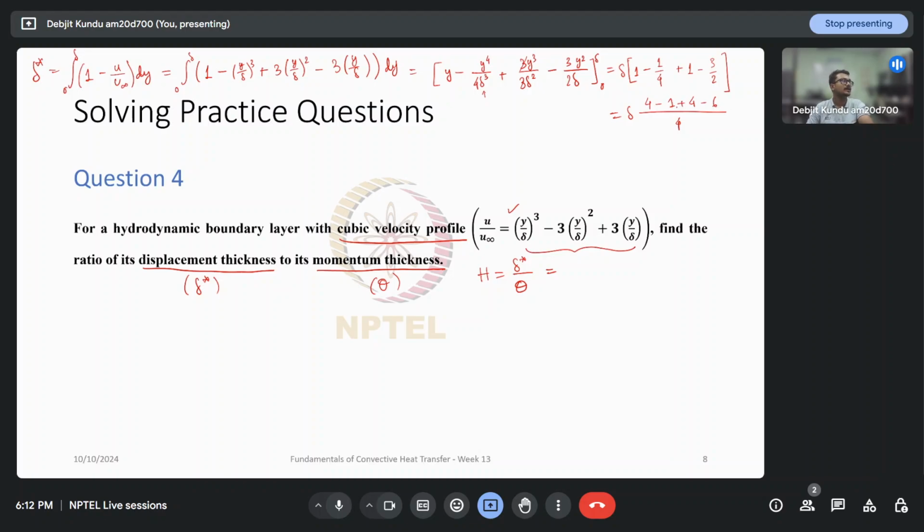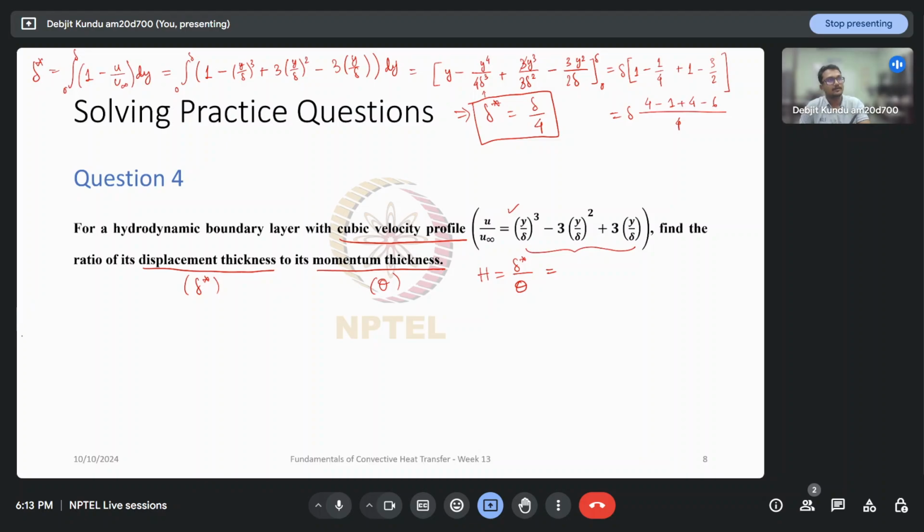So we have 1 in the... wait a second. Yeah, so what we have finally is that delta star is equal to delta by 4. Right, this is the first finding.